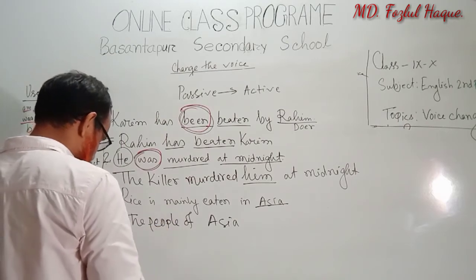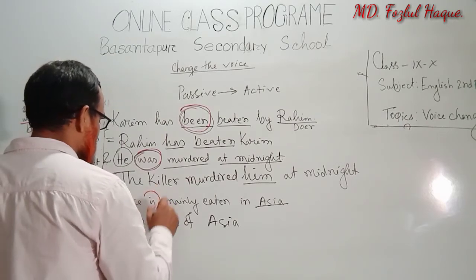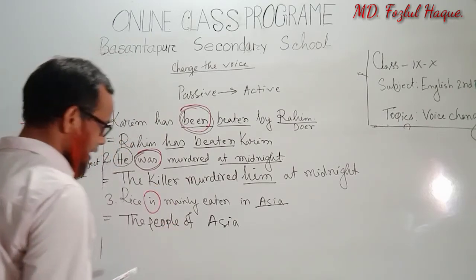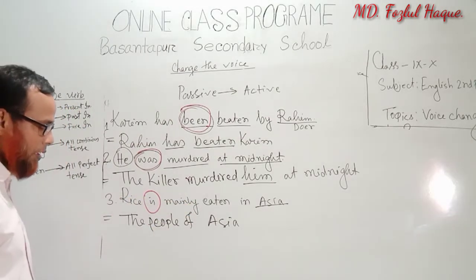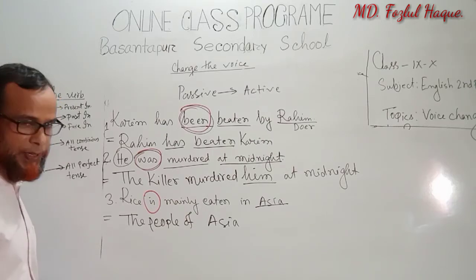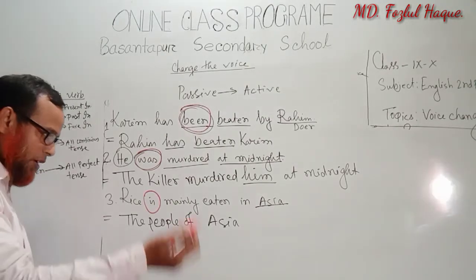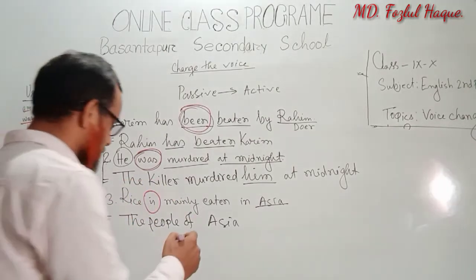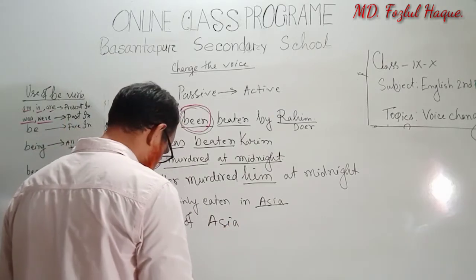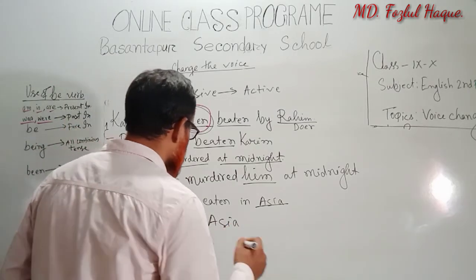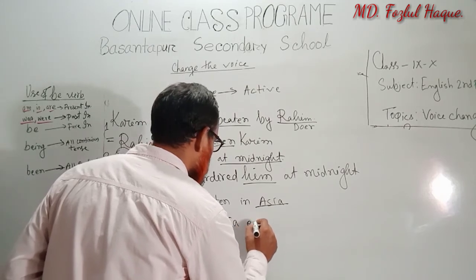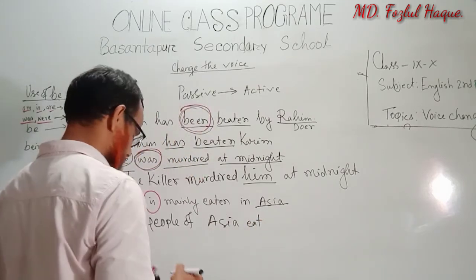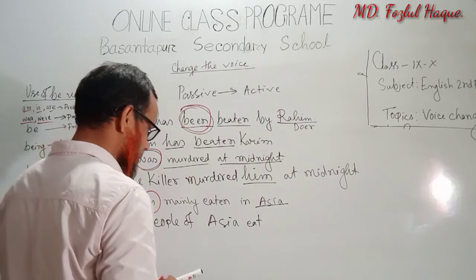Here is verb is used. Is means that this is passive for present indefinite tense. So we turn back to present indefinite. As subject we use the people of Asia, eat.